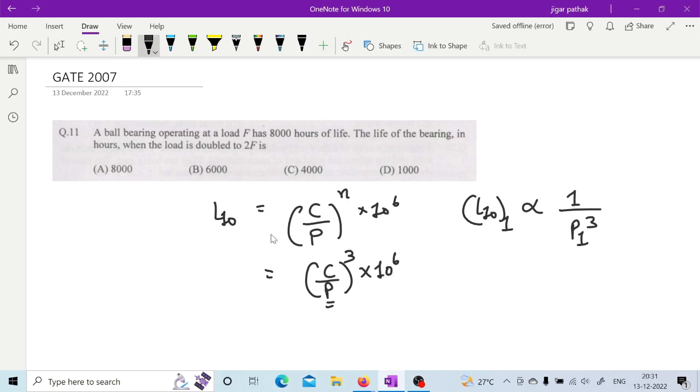If we go for the hours life, let me write that. In that case it is N times 60 times L10H upon 10 raised to 6. So actually there is no difference between L10 and L10H. This C by P will have the same proportion, so L10H also is inversely proportional to P1 raised to 3. Are you getting what I am trying to say?